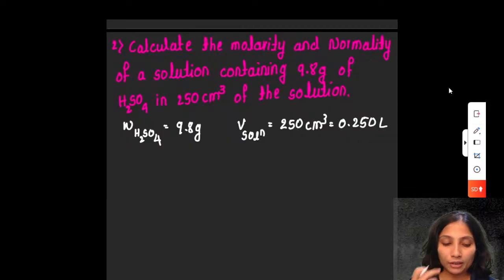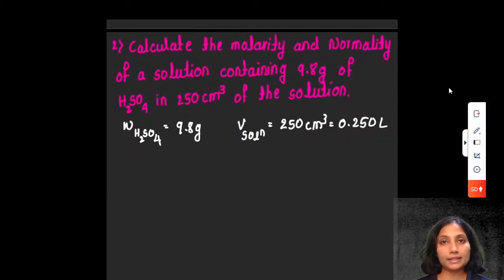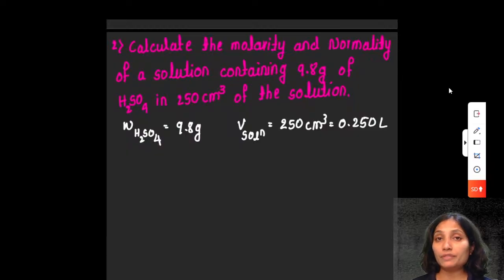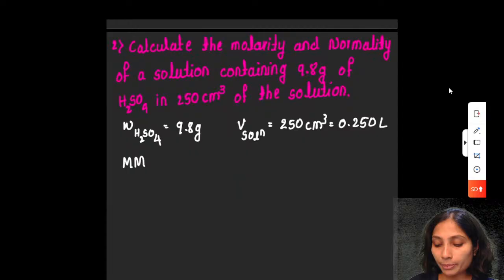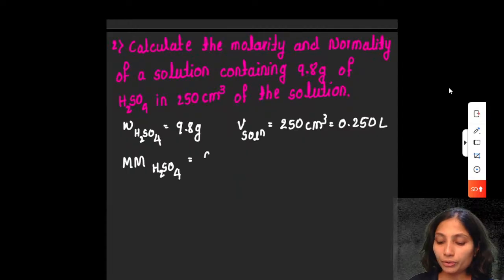Then what else is given? Only these two things are given here. Now, do we know the molecular mass of H2SO4? Yes, we can calculate it. Molecular mass of H2SO4 is equal to 98 gram per mole.